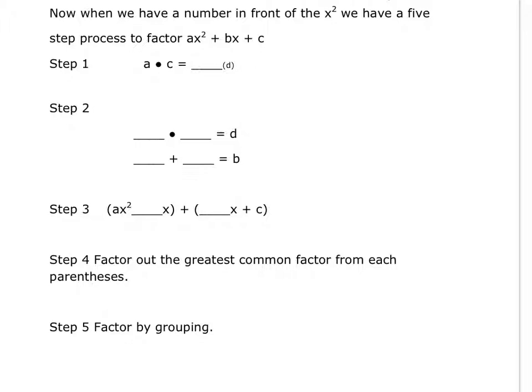Okay, so now that we have the 5-step process, because our value of a, our leading coefficient, is no longer 1, we have to account for this value somehow in our process. So our new step 1 is to take our leading coefficient times our constant. So we take a times c, and we make up this whole new variable called d.